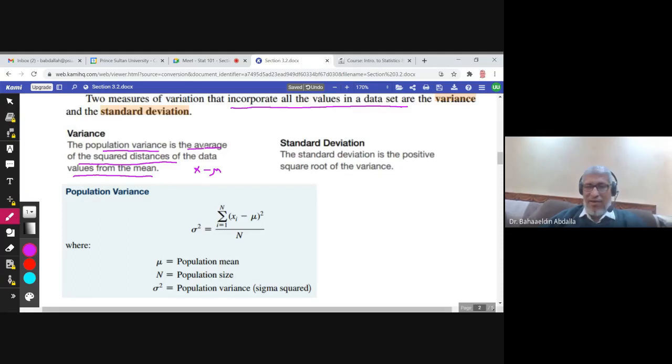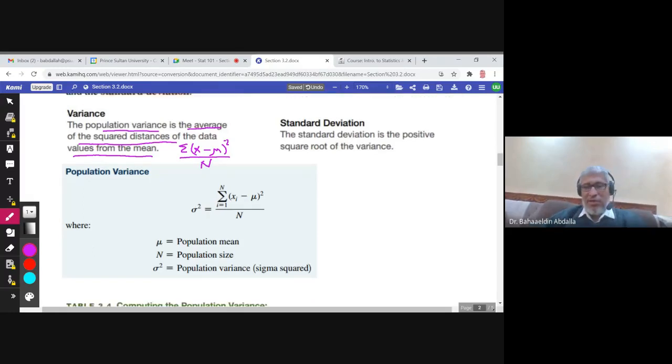To find the average, we need the squared distances, so we raise this to the power 2, and then we find the sum over the population size, which is capital N. This is the definition of the population variance, and we will call it sigma squared.